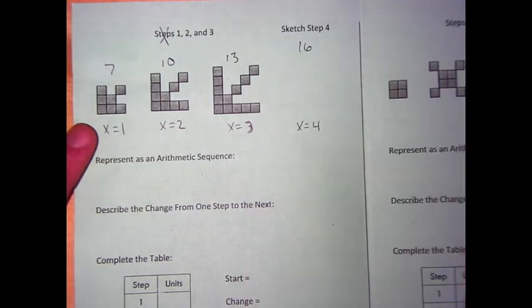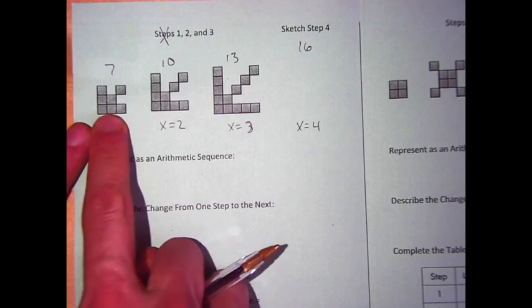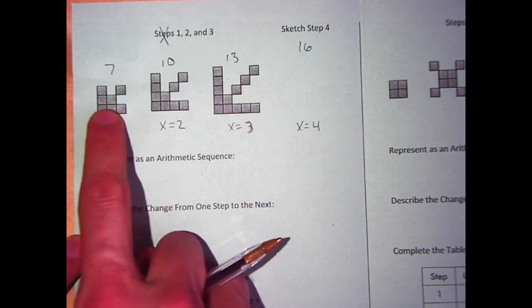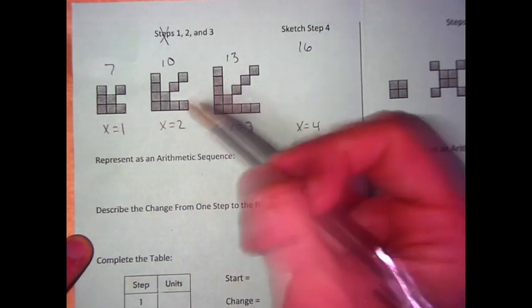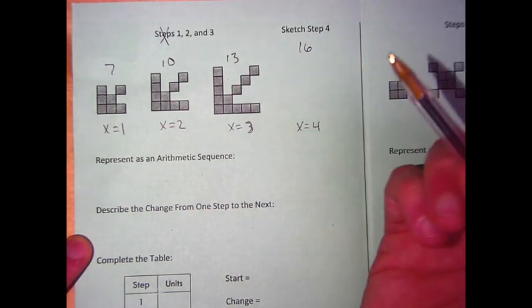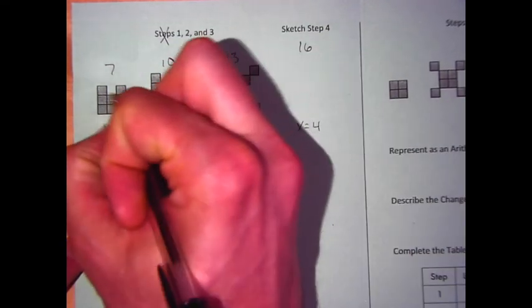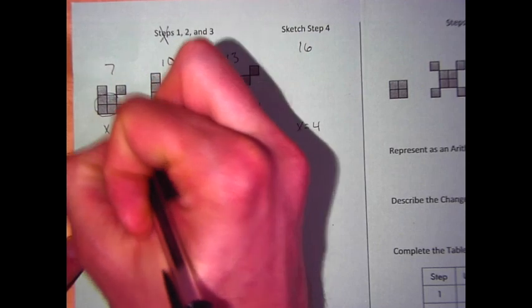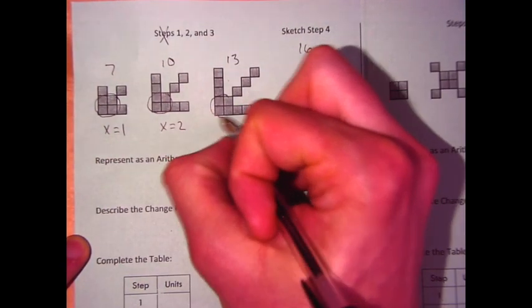But what would it look like? At step 1, you might want to focus on what's the change every time. We're adding 3, right? Well, where are we adding the 3? Can you see where it's growing? If you notice, those 4 tiles or squares are staying in the same place every time.